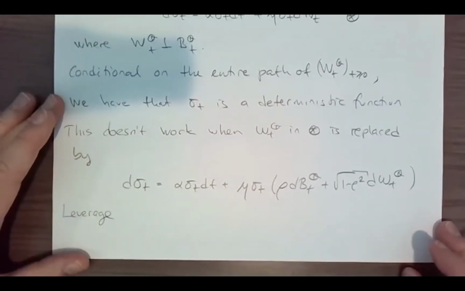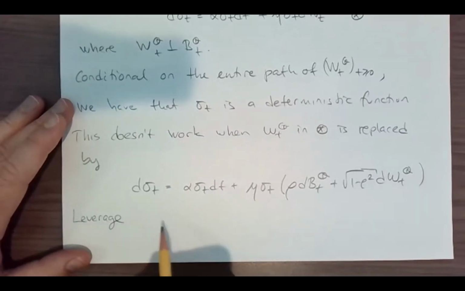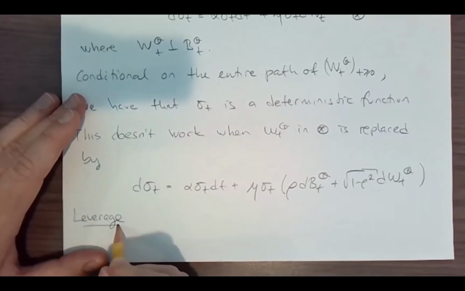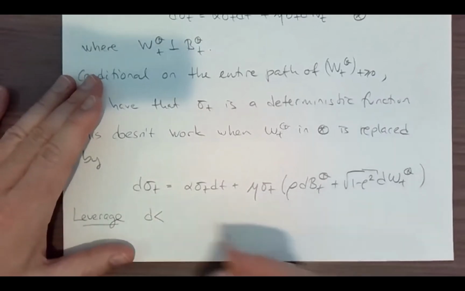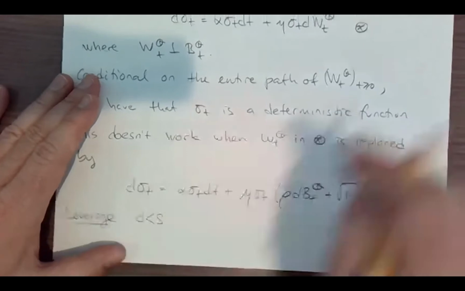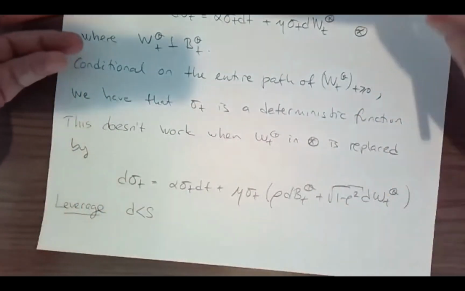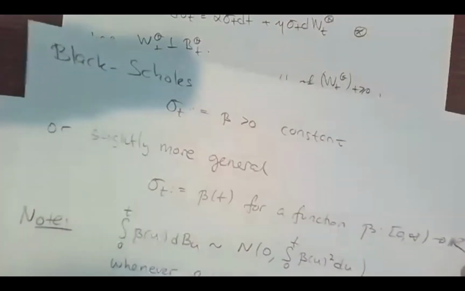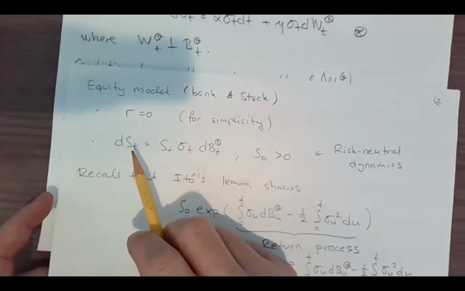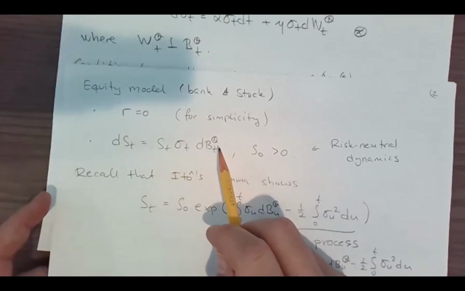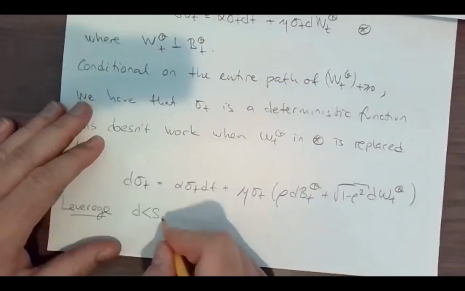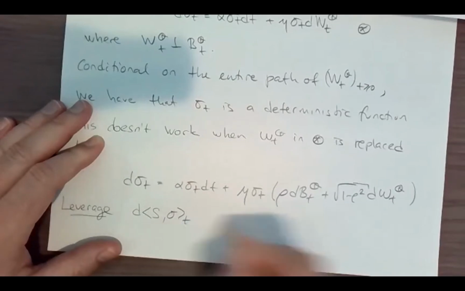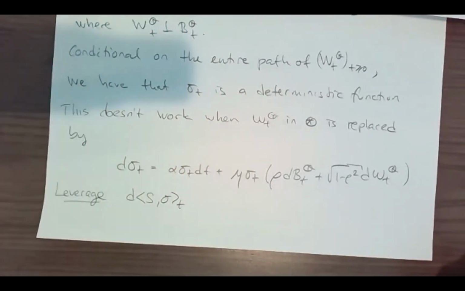What does leverage mean? If you look at the quadratic variation between the stock, ds equal to S sigma dB, and the volatility of the stock, that's the cross variation.